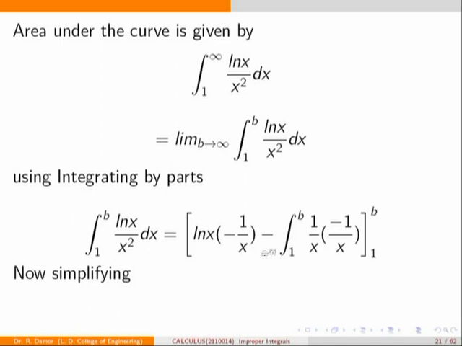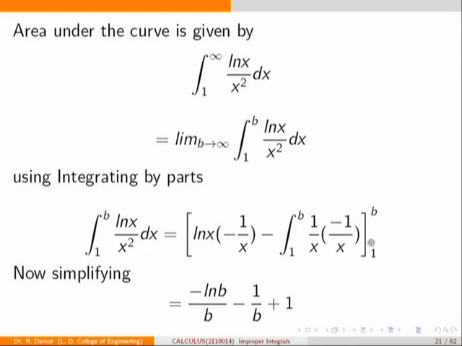Okay, so I can simplify this. This is minus ln x upon x, from 1 to b, and 1 upon x times minus 1 upon x is minus 1 upon x square, so minus minus gives plus 1 upon x square. Again, the integration of 1 upon x square is nothing but minus 1 upon x. So this is minus ln x upon x minus 1 upon x.